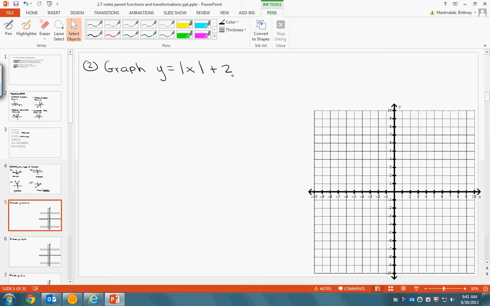So this is going to be up 2. So you take our original problem, don't write this down yet. Here's our original absolute value equation. That's how it usually looks. And I'll graph our final one in red, or some color I can find here. So this one is going to take that function and it just moves the whole thing up 2.